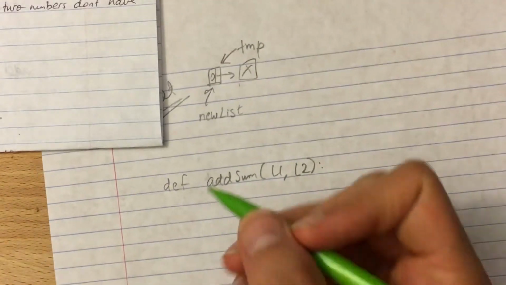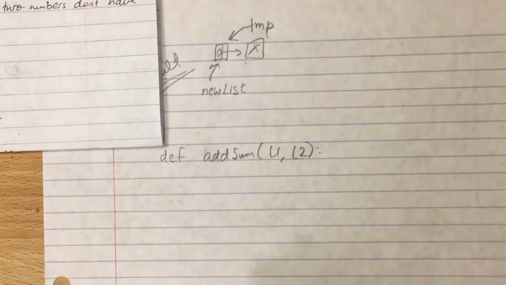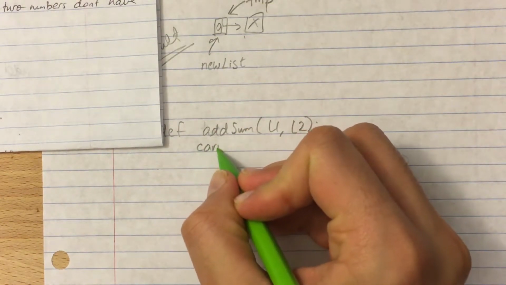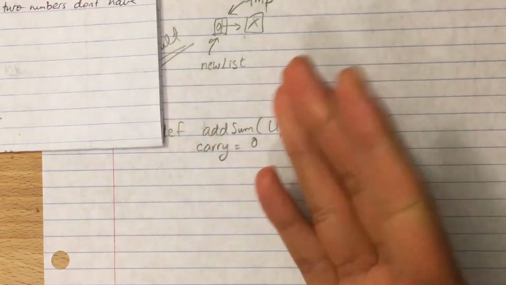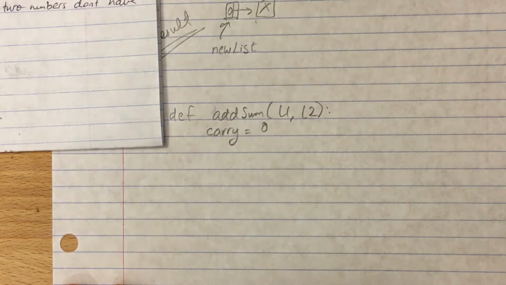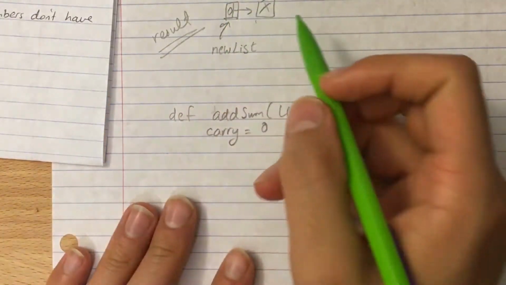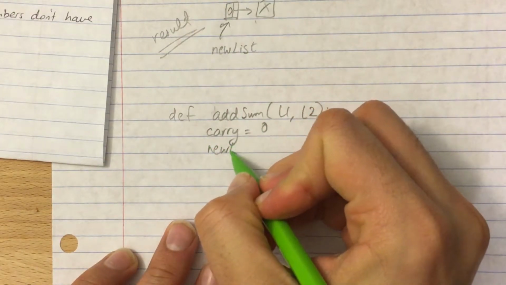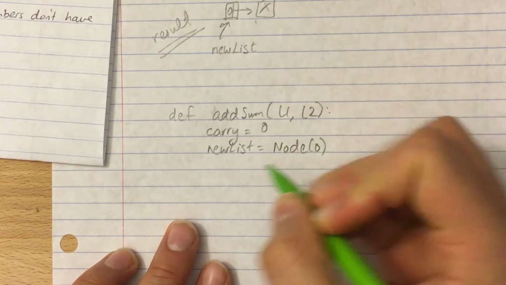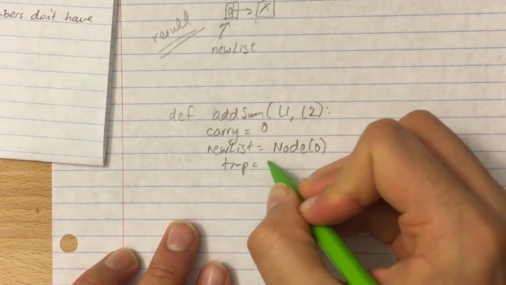So let's first declare the variables that we're going to require here. Obviously we require a carry variable, which represents the carryover that we're going to carry over in the subsequent iterations. We also need to construct a list here, so let me just declare that. New list equals node 0, and temp also points to the new list.